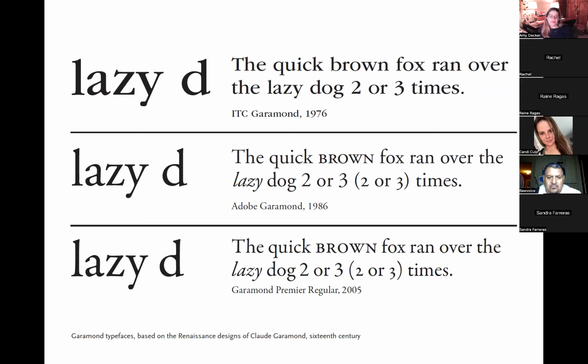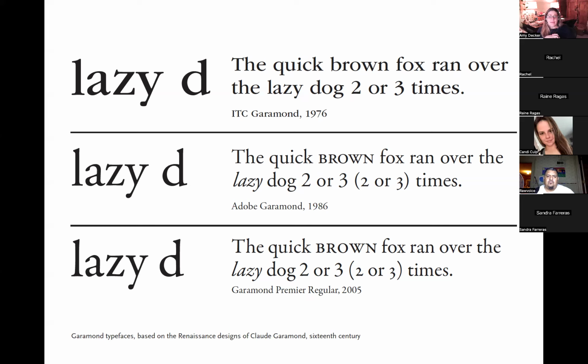So here's an example of three different type foundries that have drawn a digital version. The first one happened in 1976. The type foundry ITC created Garamond, and you can see the first example in the top row.